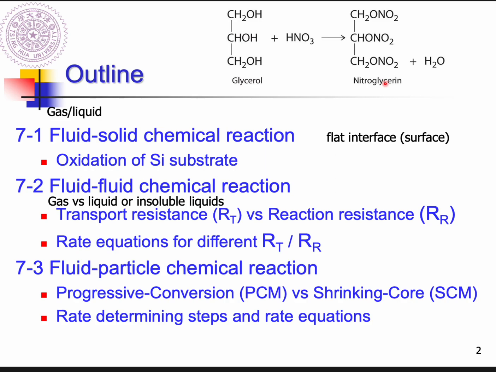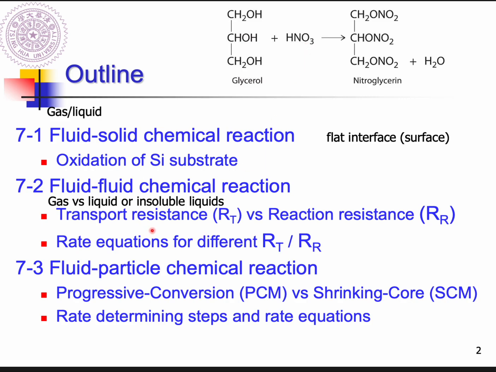Actually, it is highly explosive. It can be used as a bomb. Or in medicine, some people use it as a vasodilator, to expand the blood vessel. So this is what we call the chemical reaction happening in two insoluble liquids.